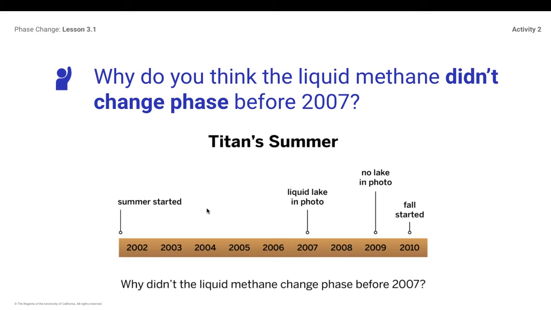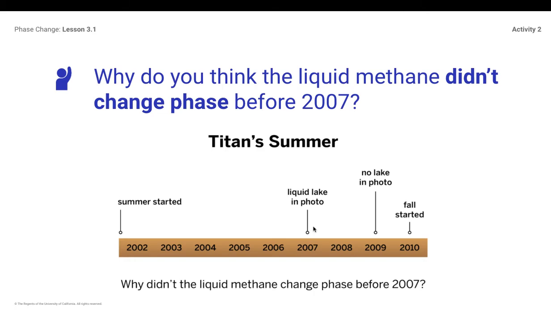So let's talk about why we think the liquid methane didn't change phase before 2007. Let's put it all together, okay? We've got 5 years of energy being transferred into the liquid methane, and it does not change phase to a gas. It doesn't evaporate before 2007.